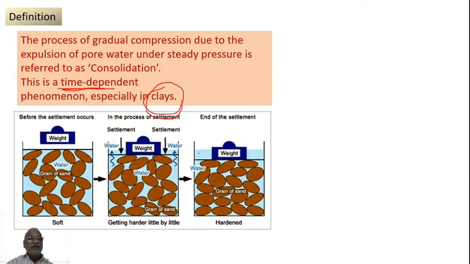There is a decrease in volume, and this decrease in volume leads to what is known as settlement. So the original level, if you observe, it is here, it has come down. Now even this level has come down, so this is the final settlement.